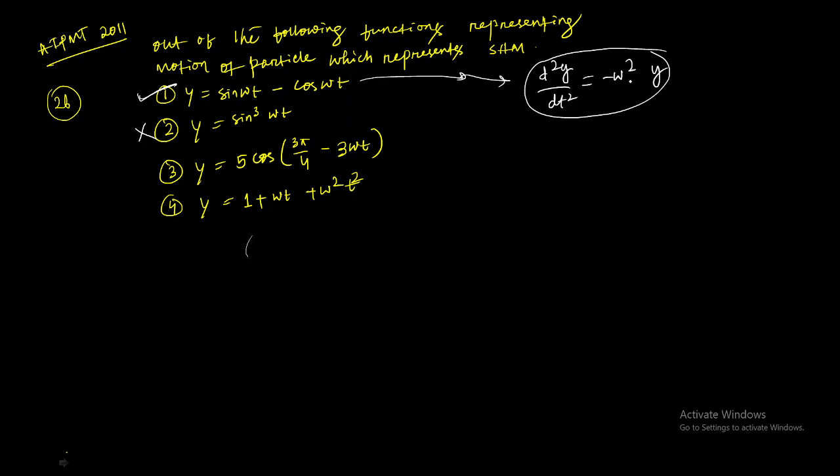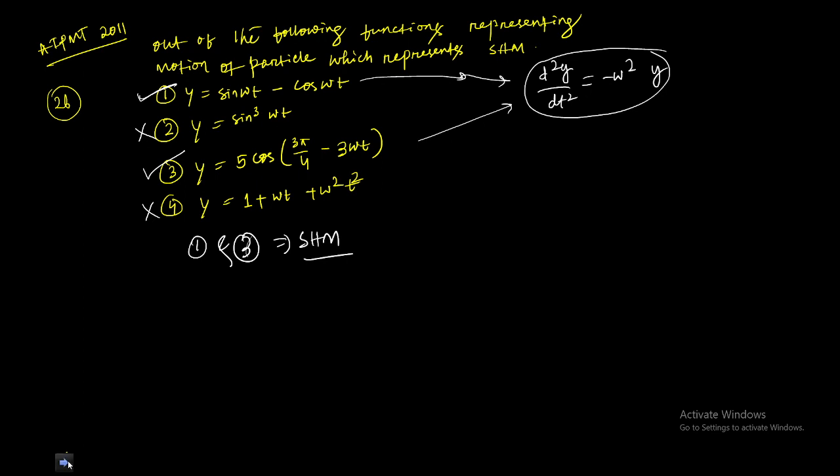If it is not following this one, it is not an SHM. Now for the third one also, you will find out this is going to follow this relation. Now this one will not follow this relation. So 1 and 3, these two will be SHM. Option 1 and option 3 will be your SHM.